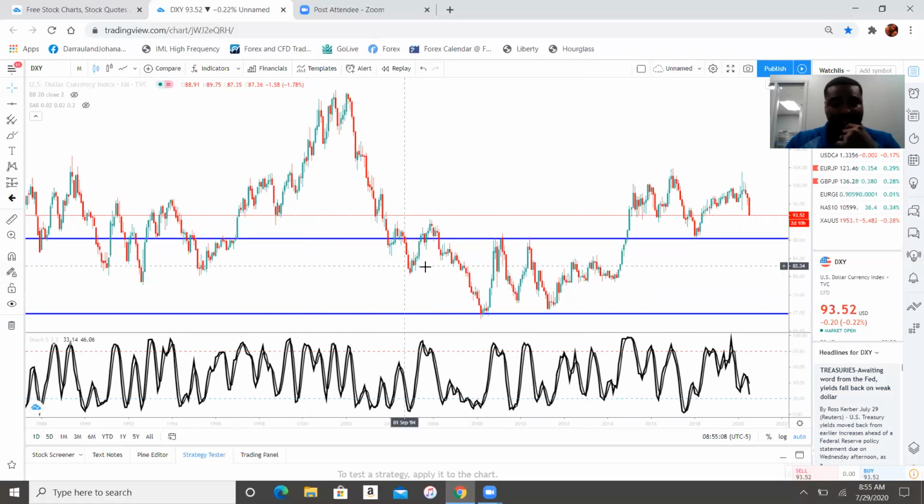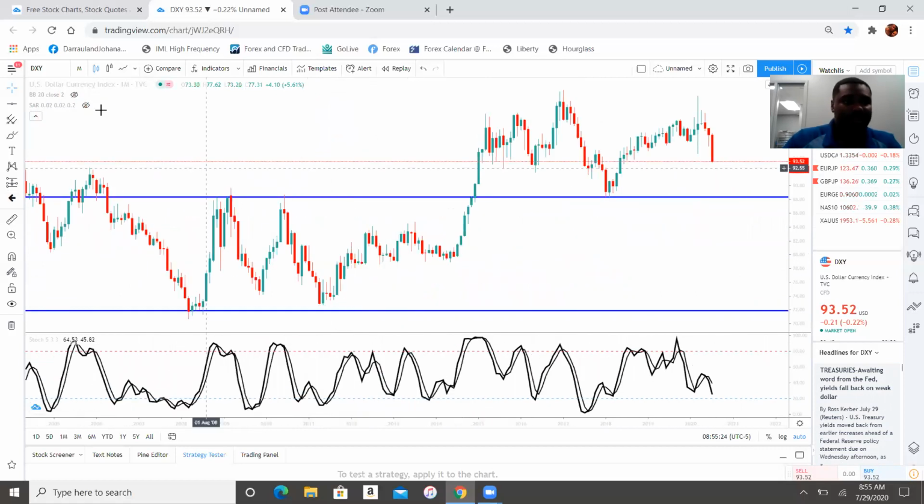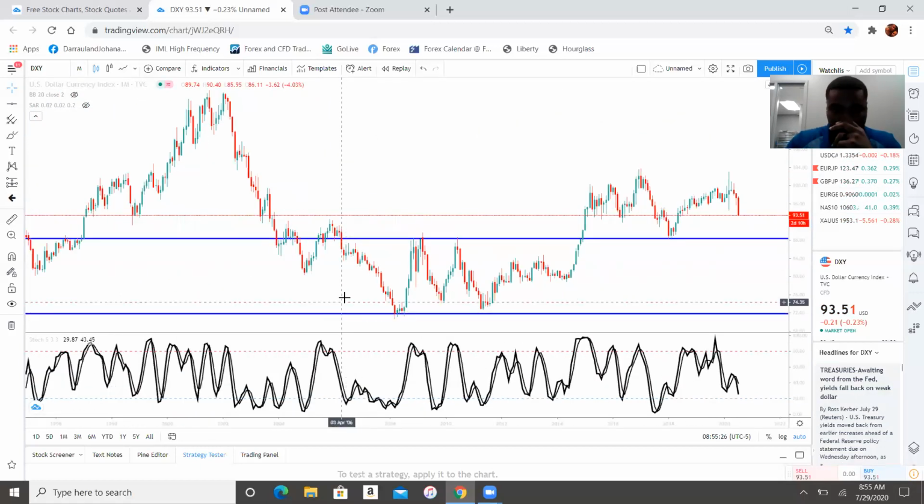Reason being is the market broke into this area, kind of broke out of here, but stayed in between this area for a long period of time, which is consolidation. Usually you can see a whole lot better when it's a smaller time frame. What is happening is the market is loading up orders, or however you want to look at it. It's loading up price before it makes its move, either up or down.